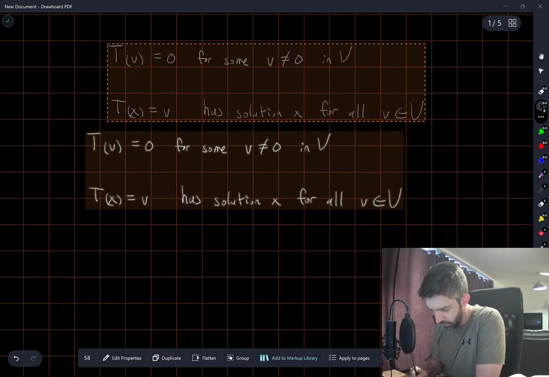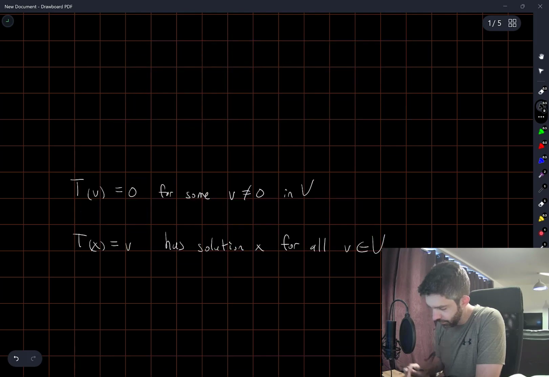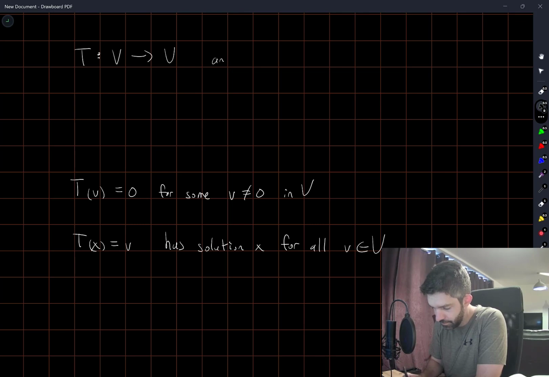I focused a lot on these statements, but I didn't really focus on the initial assumptions about the transformation T. So T maps V to itself, and the dimension of V is specified to be finite.